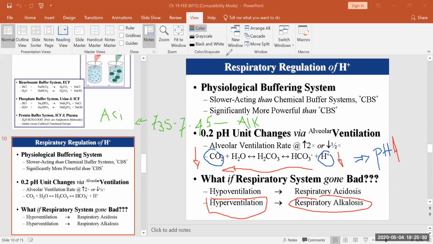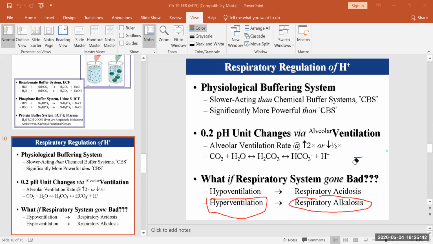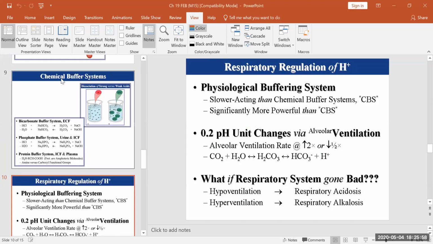Now, what's the difference between the two? The chemical buffer system versus the respiratory system. Let me just erase this first. Respiratory regulation of protons belongs to what is called a physiological buffering system, versus the previous one, which is chemical.